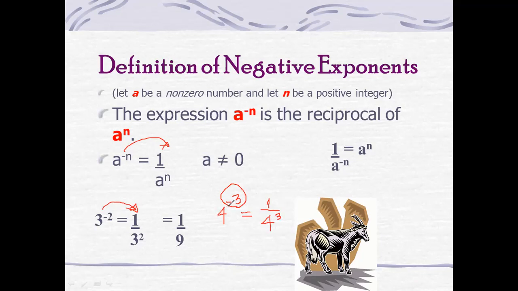So 4 to the power of negative 3 is equivalent to 1 over 4 to the power of 3. Okay, so I hope it's clear.